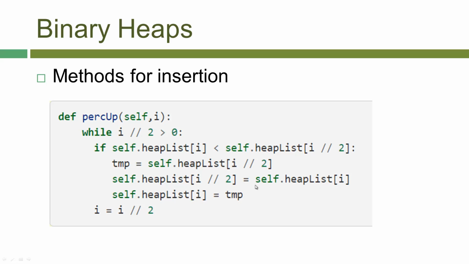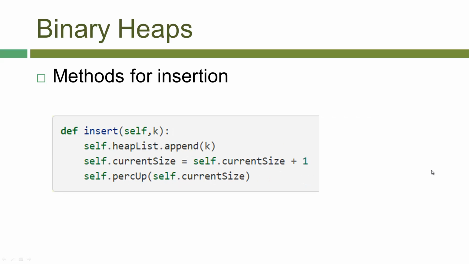And then we essentially just reassign it to that original index and then set the old index to the temporary variable. This is just a switching that's happening here. And then we just set i equal to i classic division divided by 2.